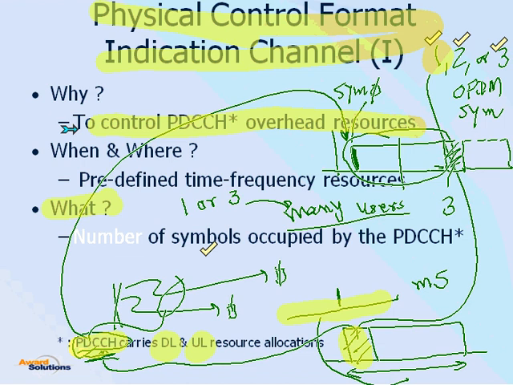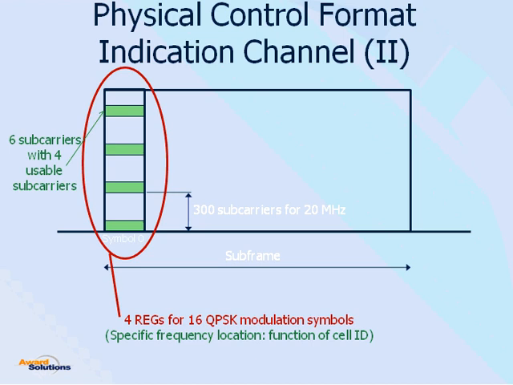Dynamically, this channel will tell us how many symbols inside this subframe will be occupied by the control channel, and based on that knowledge, our UE will process those many OFDM symbols to figure out if the E node B has allocated any downlink or uplink resources or not.